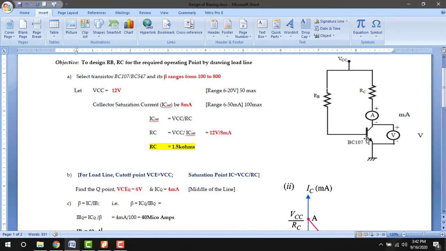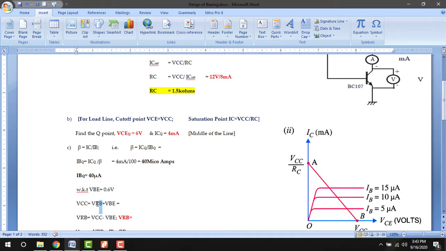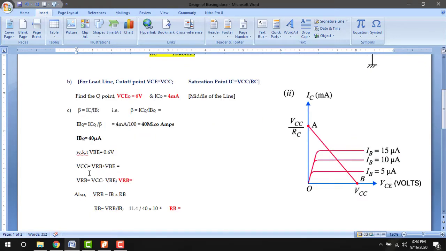So VCC is equal to VRB plus VBE, then VRB is equal to VCC minus VBE.